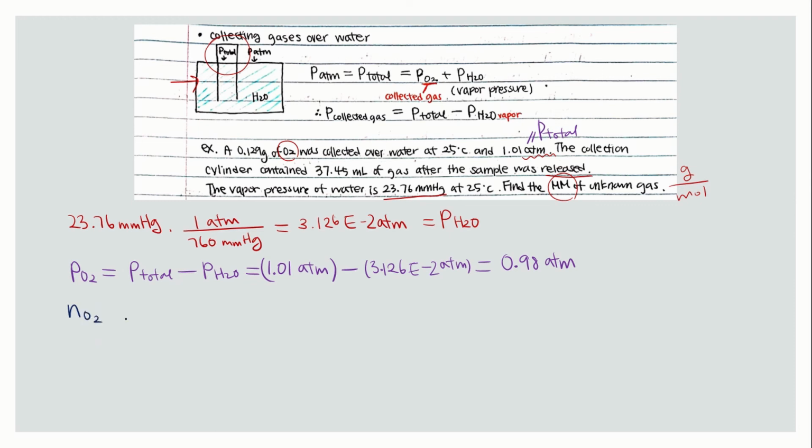Now it's time to use the ideal gas law to find the moles of oxygen collected. So moles of oxygen would be PV over RT according to the ideal gas law.